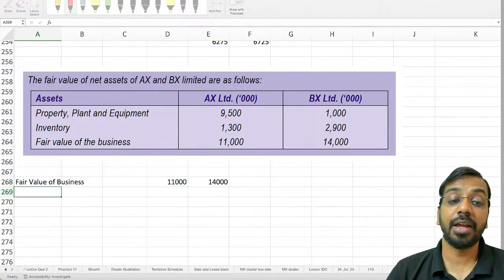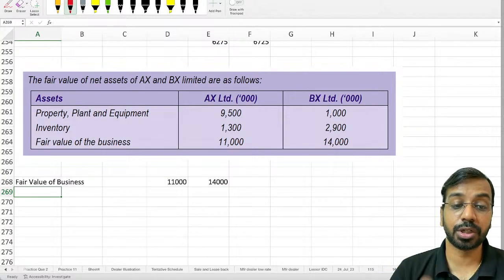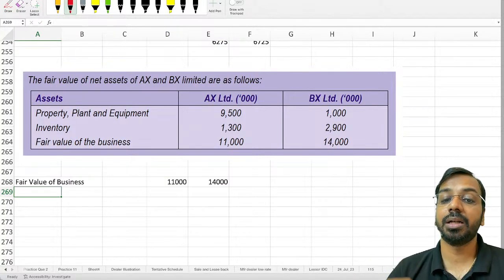Now, if fair value of business is 11,000 and 14,000, what did the question say? You will make a share issue, right?